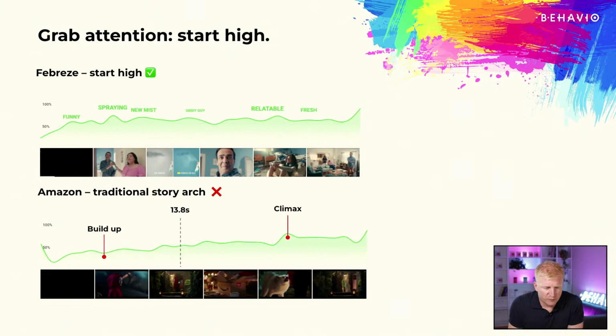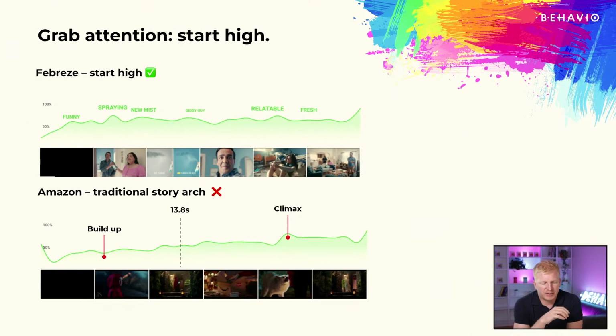Here we have some real life examples of these, again with Febreze. They were pretty great at starting high because they immediately had something funny in the first few seconds. And then there is this example of the Amazon holiday ad from last Christmas, where they use this Red Riding Hood fairy tale.